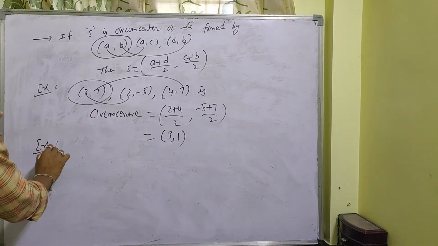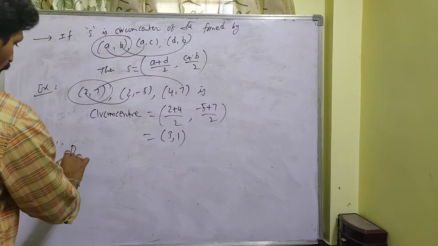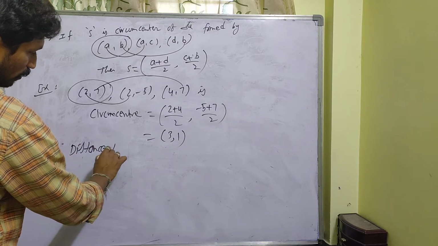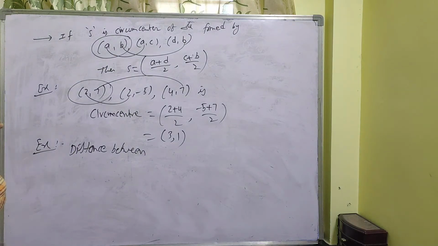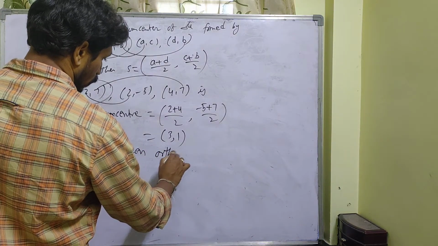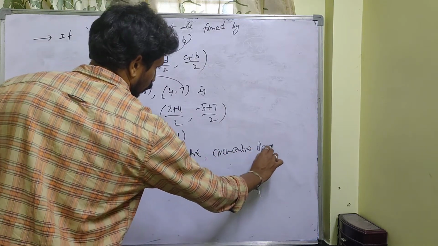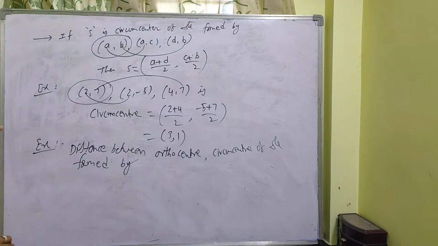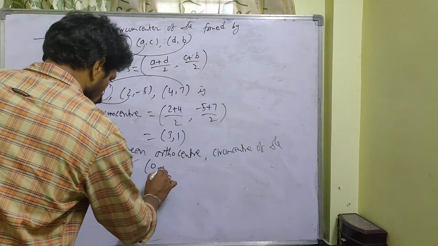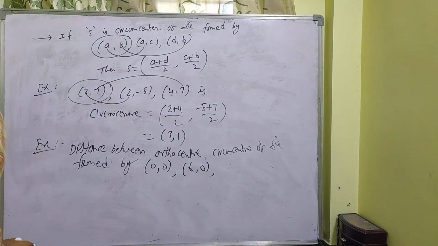Next you take one more example. The distance between the orthocenter and circumcenter of the triangle formed by (0, 0), (6, 0), (0, 4).